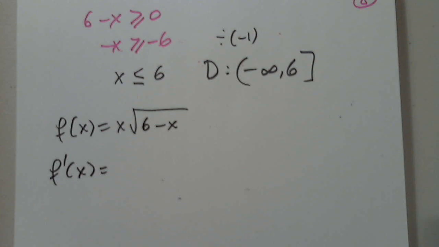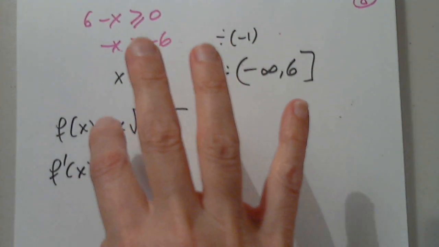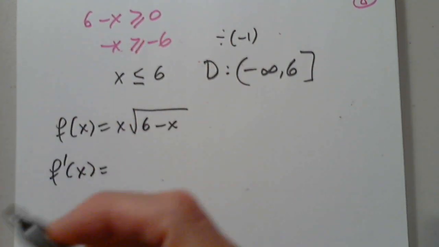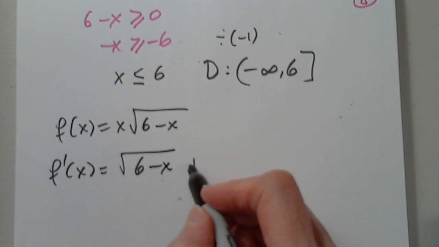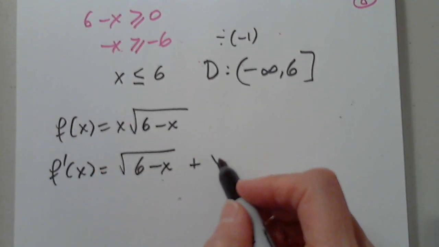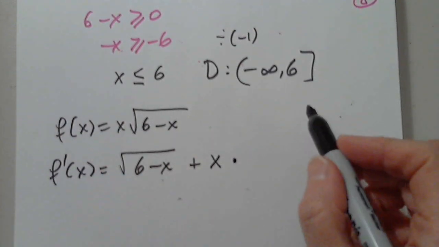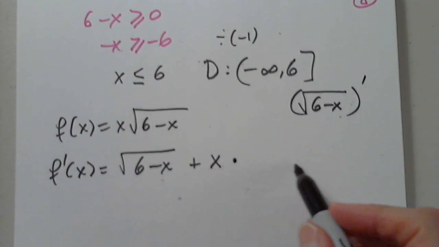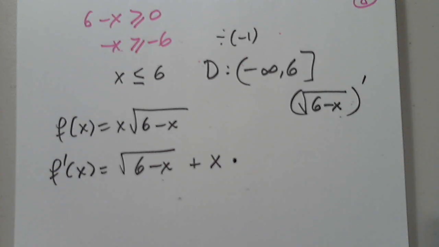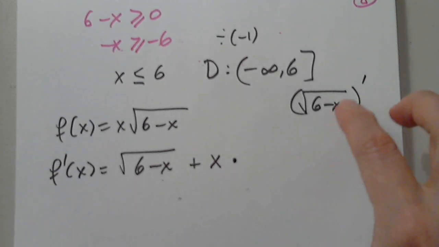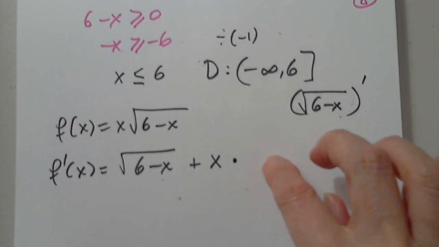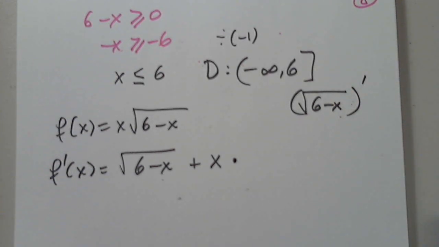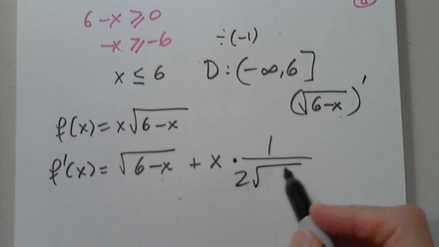First function prime, 1, times the square root of 6 minus x, plus the first function times, who can help with the square root of 6 minus x prime? I have to put it here. One over 2 times the square root of 6 minus x.